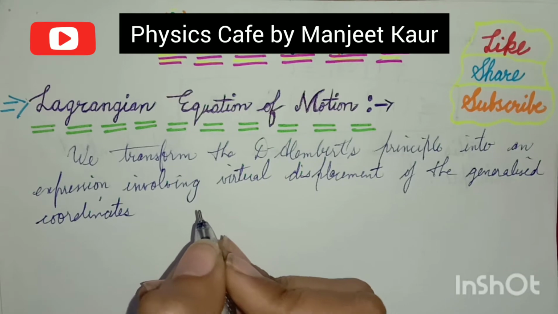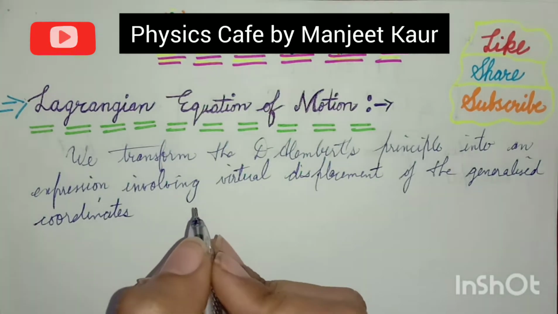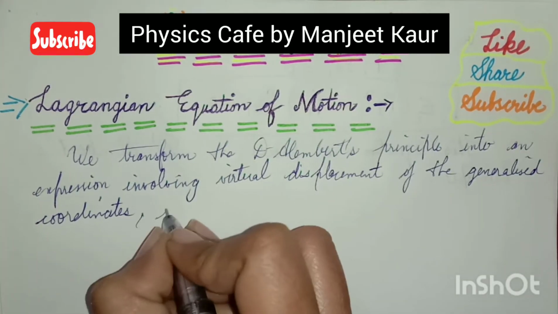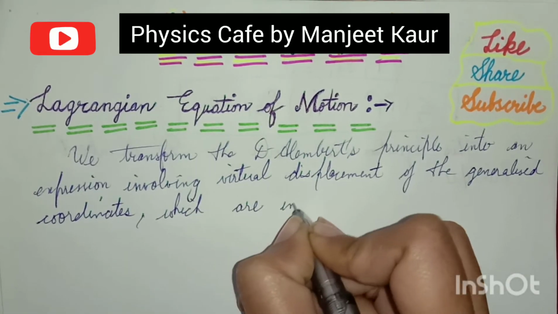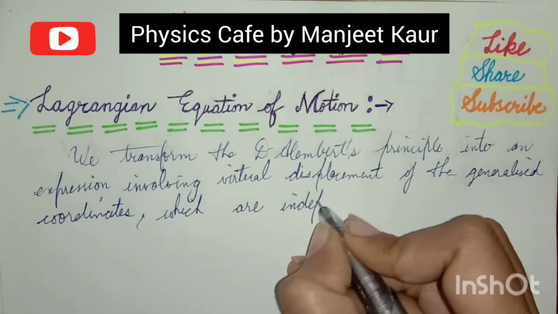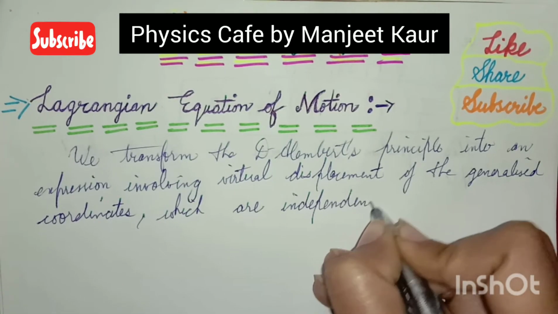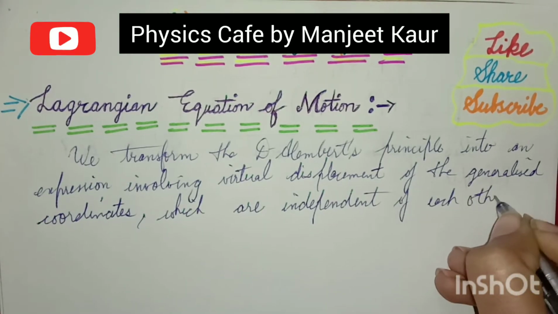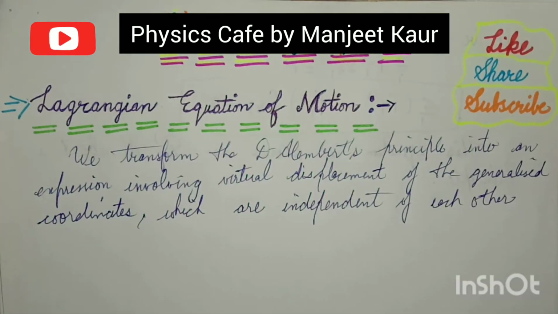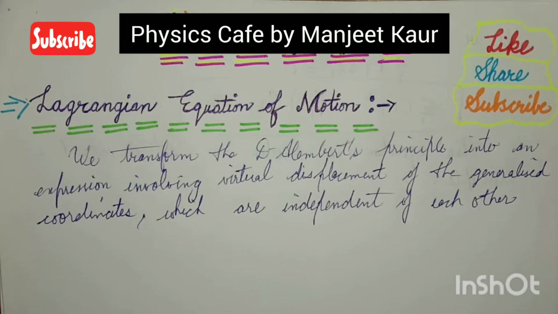What are generalized coordinates? Which are independent of each other. You can also write which are free from any constraint.